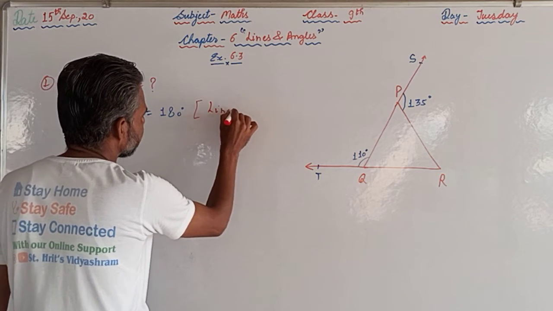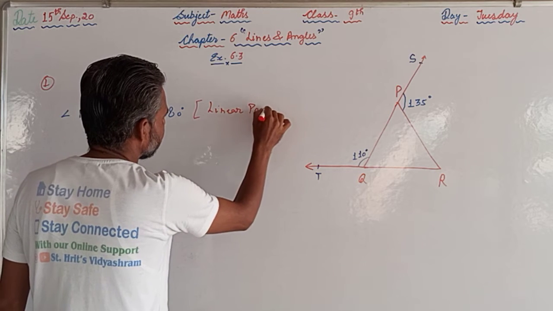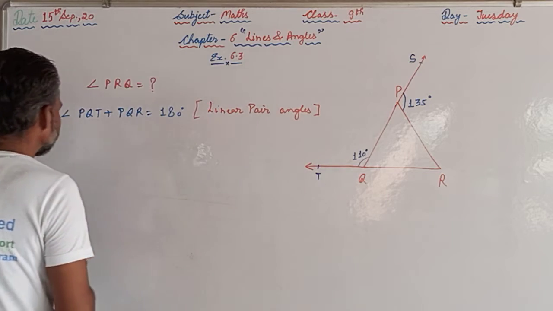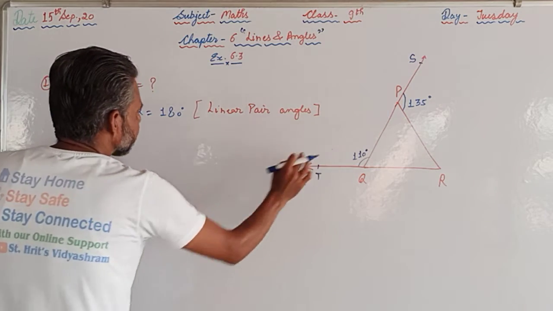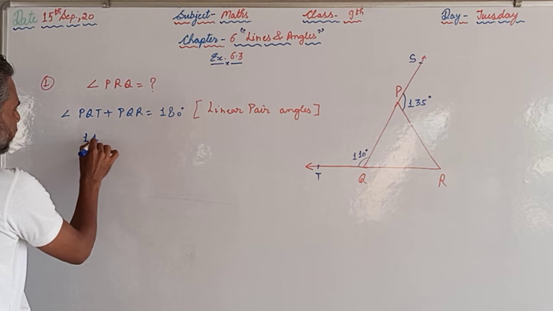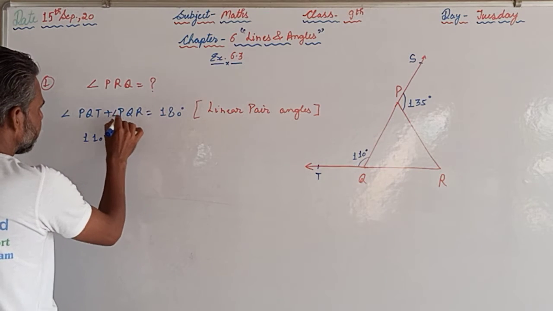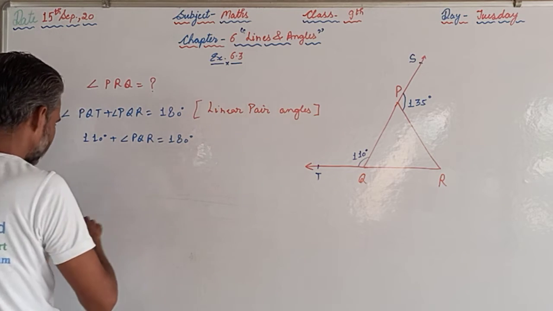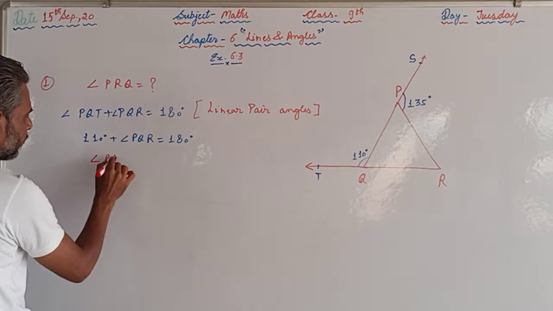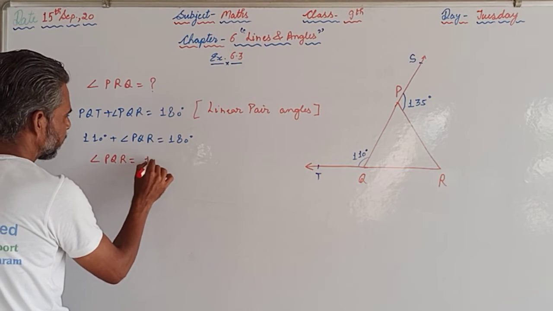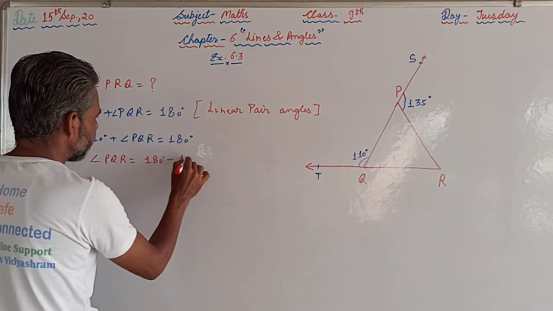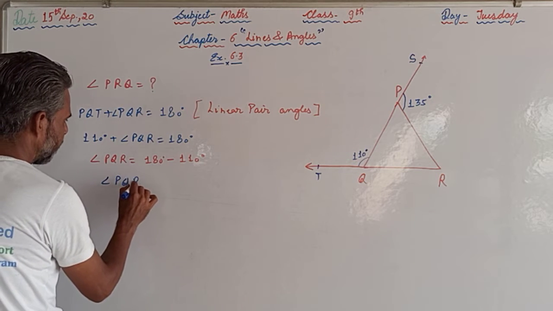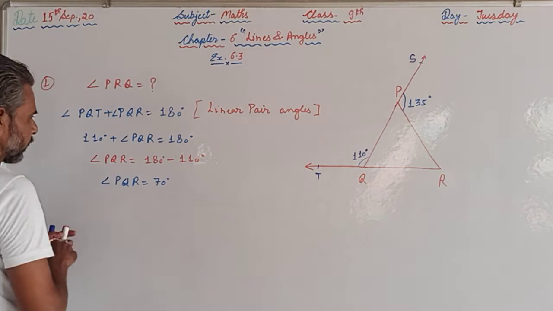Linear pair angles. So angle PQT is given, 110 degree plus angle PQR is equal to 180 degree. From here we can say that angle PQR is equal to 180 degree minus 110 degree. So angle PQR is equal to 70 degrees.